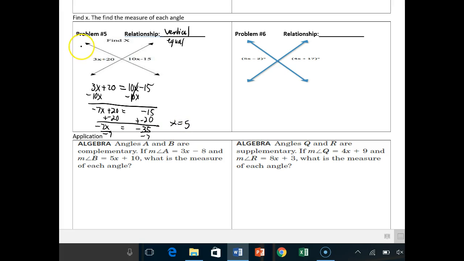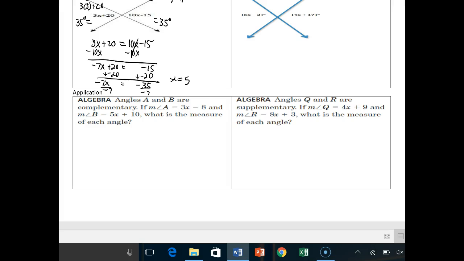So when I plug in, this is 3 parentheses 5 plus 20, or 15 plus 20, so that's how I get 35. And then you don't even have to do the math over here because you know they're vertical. So this will also equal 35 degrees. If you're hesitant to believe me, 10 times 5 is 50 minus 15 is 35.